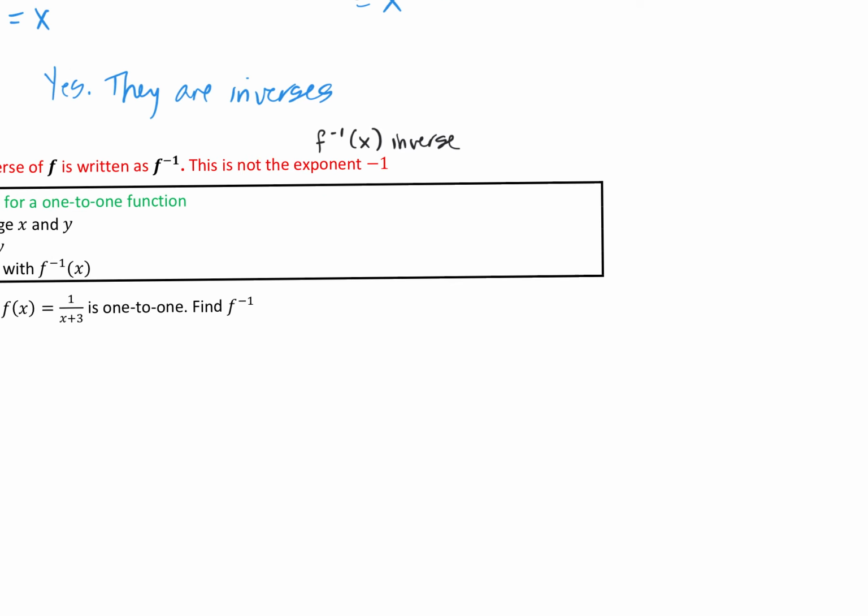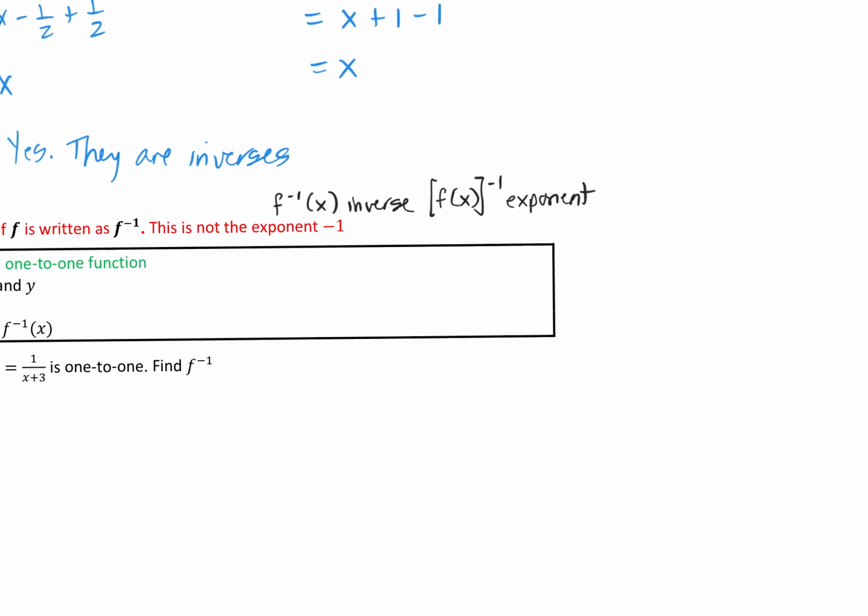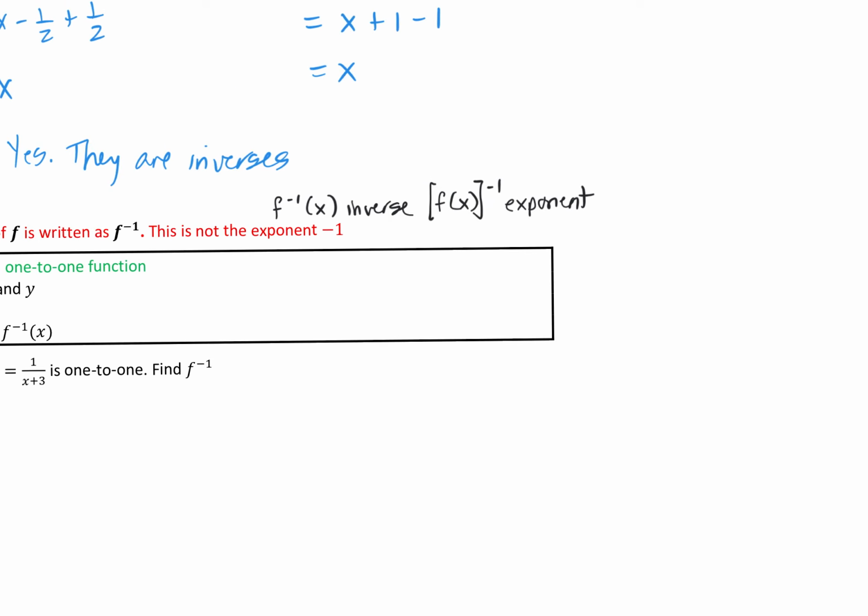If I write f of x, and then I put the negative 1 on the outside, that's an exponent. It's very subtle and it can be confusing. So oftentimes, if we want to talk about a function to the negative 1 exponent, we prefer to write it as 1 over f of x, because that takes away any confusion.